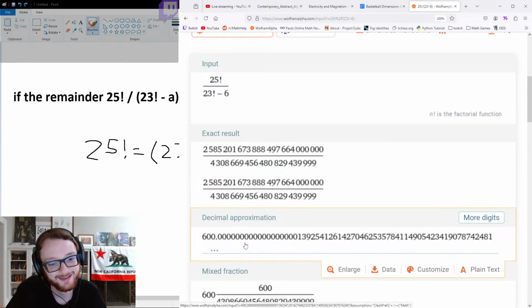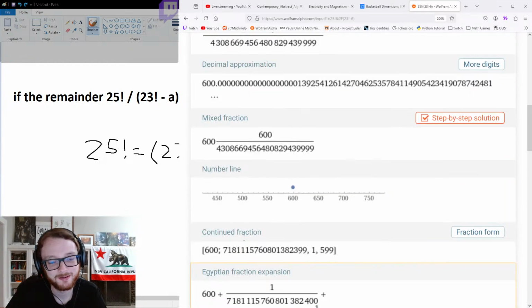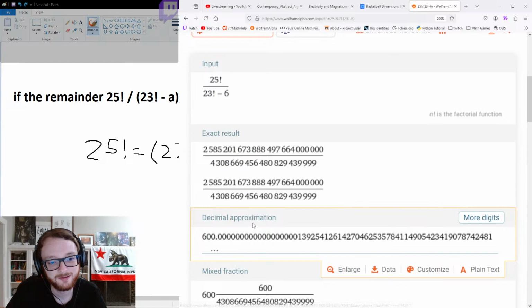Oh. Now, is that a rounding error? Or is that actually slightly off? I could see it being either way. Huh. This worries me.